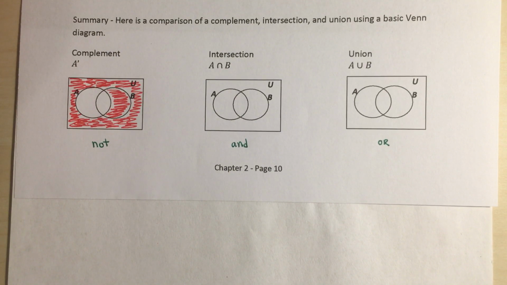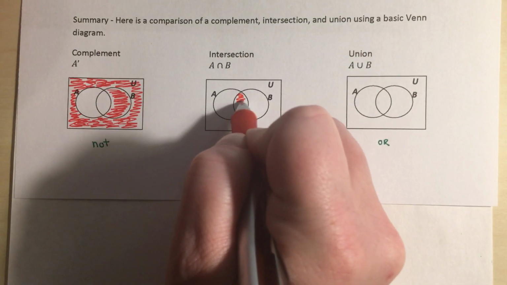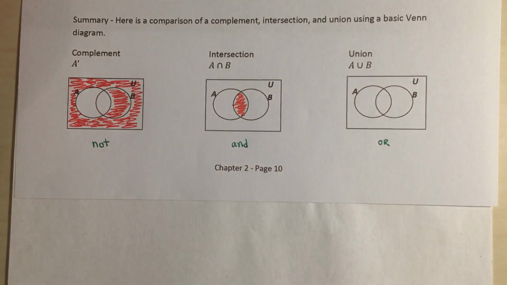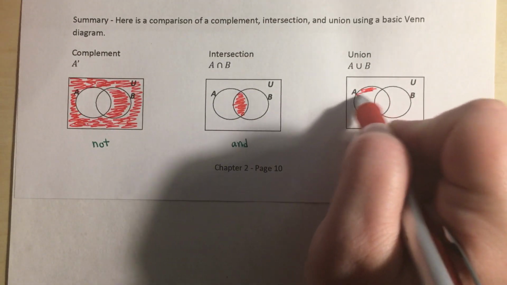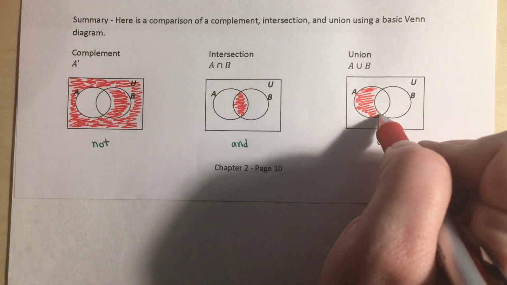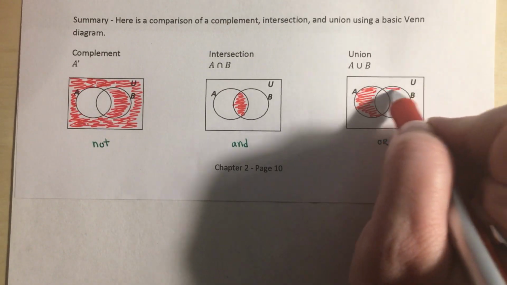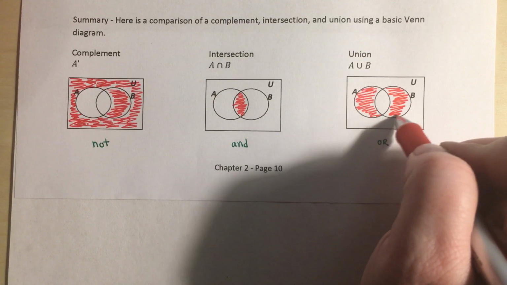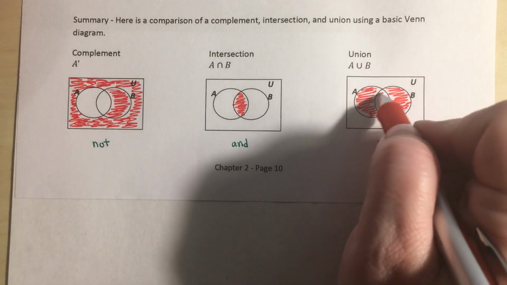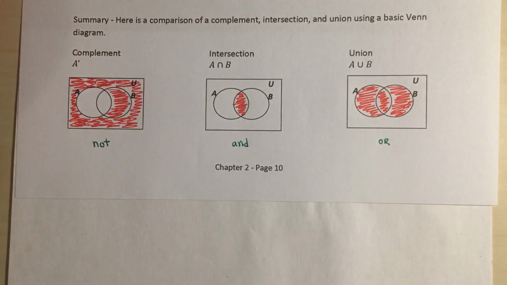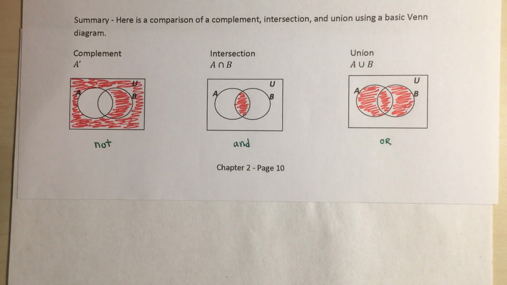Our intersection is in both set A and in set B. Our intersection is just region 2 here, right in the middle. Our union is anything that's in A or B or both. So there is our union.